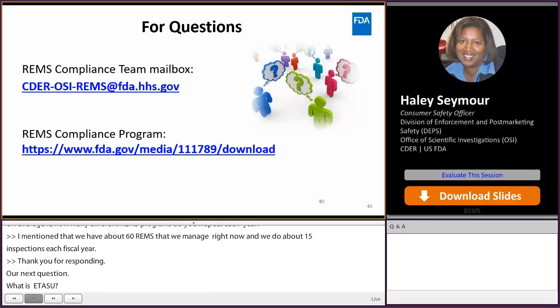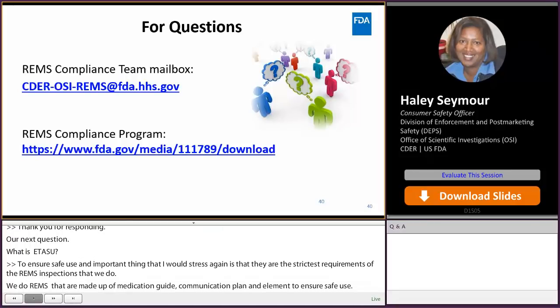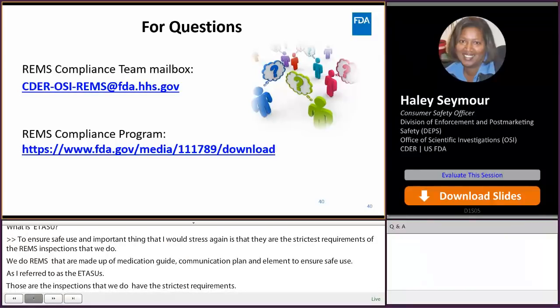REMS are made up of medication guides, communication plans, and the elements to assure safe use, which I refer to as the ETASUs. Those are the inspections that we do which have the strictest requirements. Approximately 80% of the REMS that we manage are ETASUs. So most of our inspections are ETASU inspections, or inspections that have ETASUs.